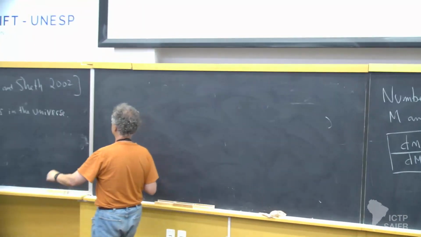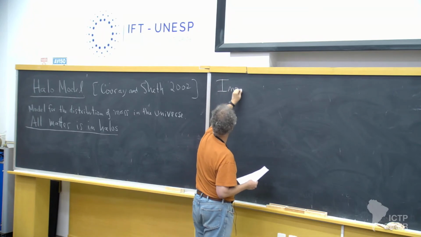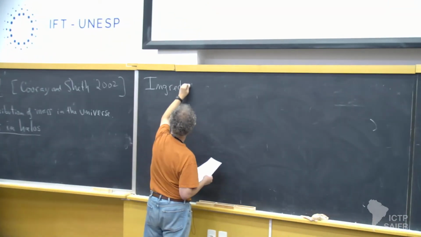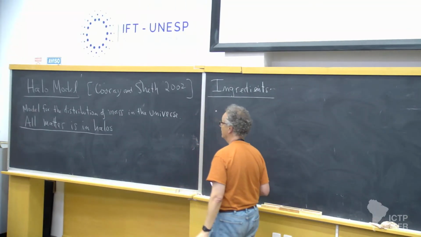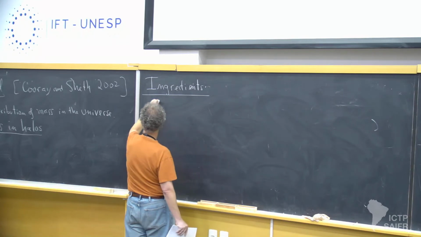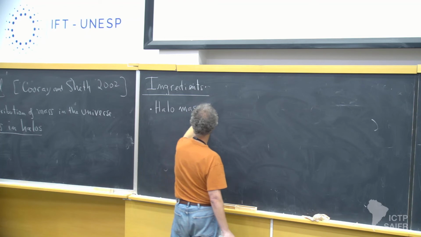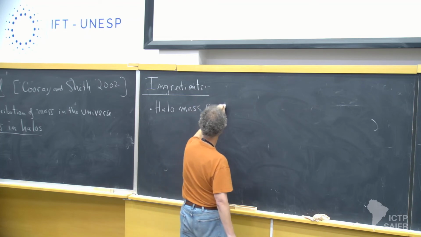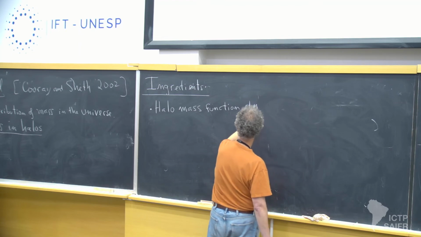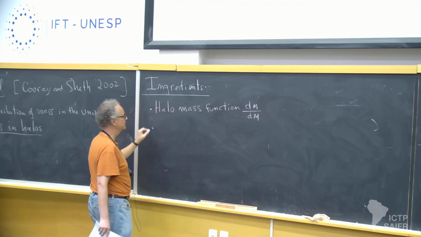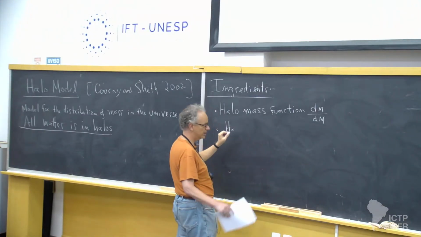So the ingredients for a halo model are the halo mass function that we just talked about, and the halo density profile, so how matter is distributed inside one halo.